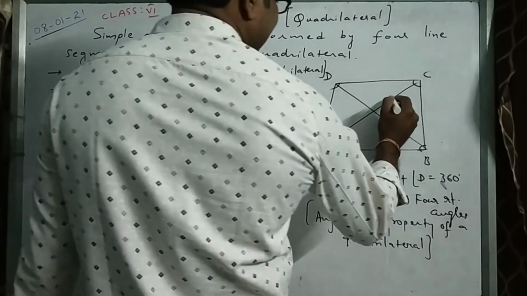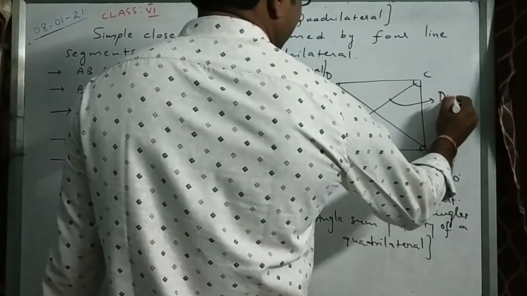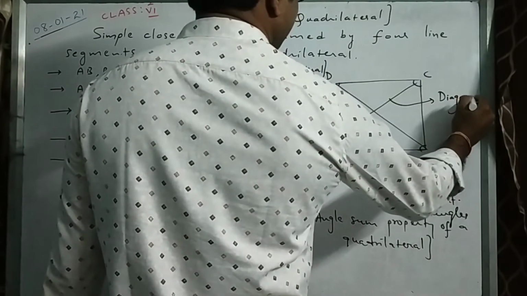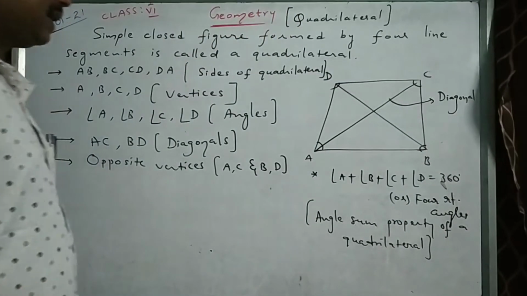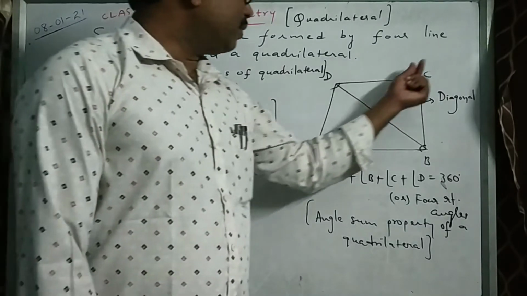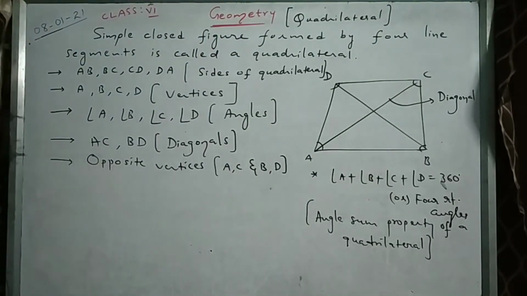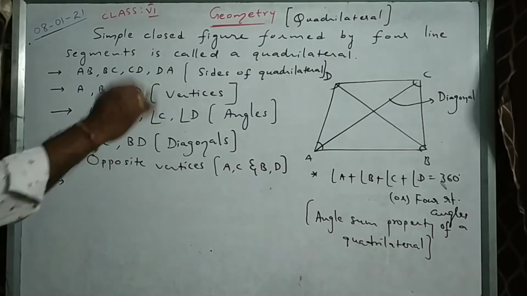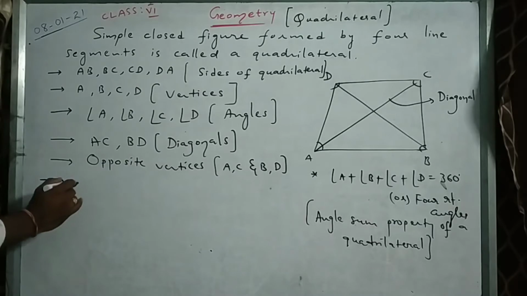This is diagonal, right? This is diagonal. Line segment joining any two opposite vertices is called diagonal. So two diagonals are there, AC and BD.